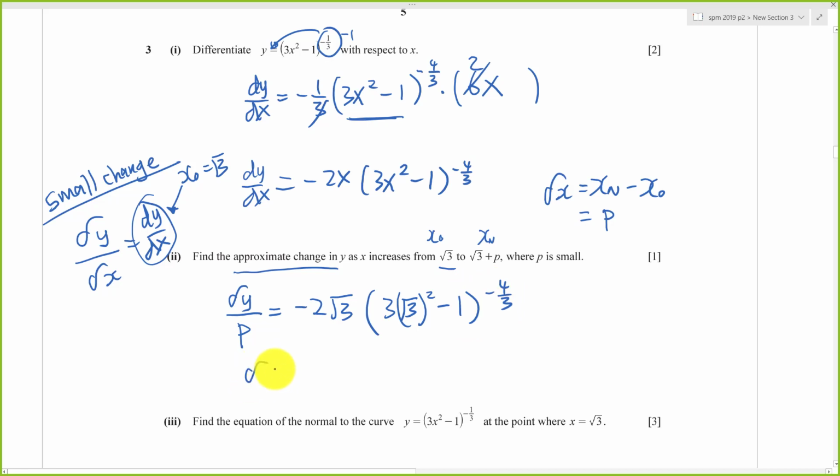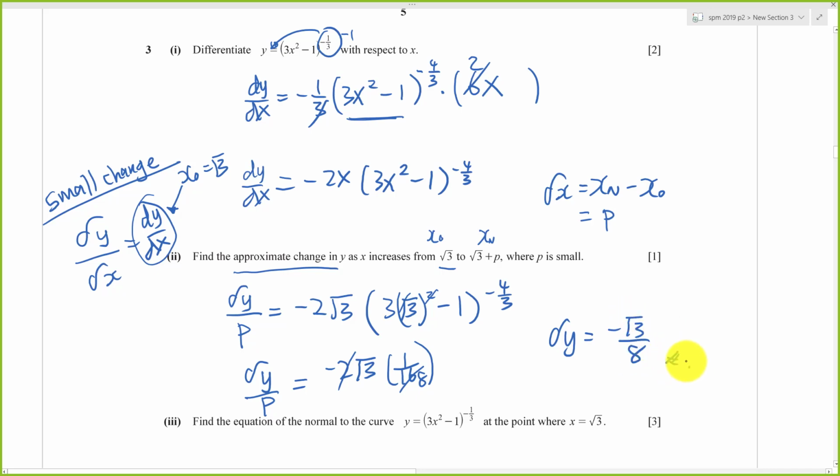Alright, then I will do this one, square root y. Why is it just 1 mark for this thing? I would think it's a lot harder than that. Alright, this one will be 3 times 3 will be 9. 9 minus 1 will be 8. 8 to the power -4/3 should be 1/16. Right, so therefore my final answer for change of y should be simplified, right? -3/8 p.